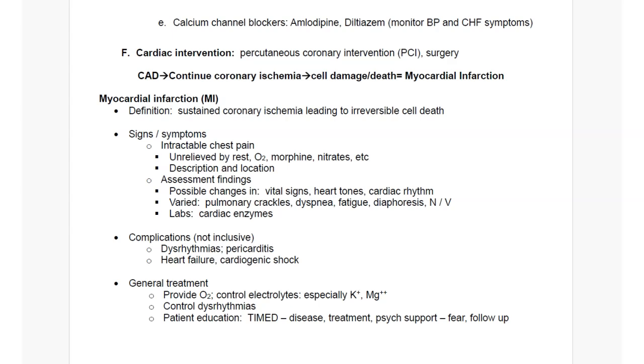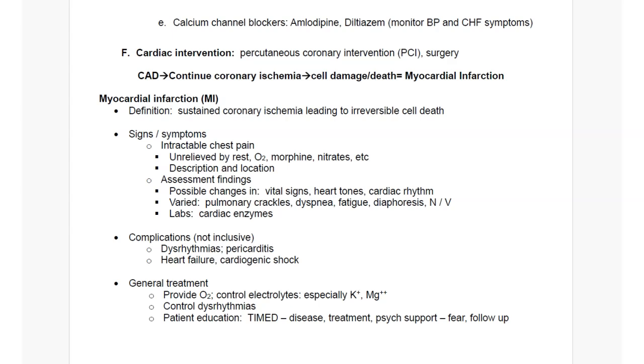Anyhow, signs and symptoms of MI or myocardial infarction include intractable chest pain. Signs and symptoms mean cues when we're using your NCSBN clinical judgment model. So what do we mean by intractable?